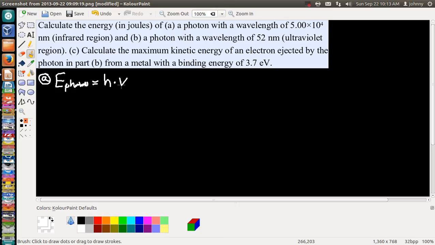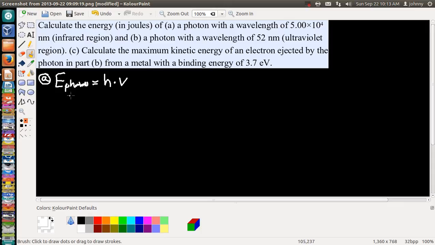So we've got to calculate the frequency in order to use the Planck's constant to get the amount of energy in a photon.